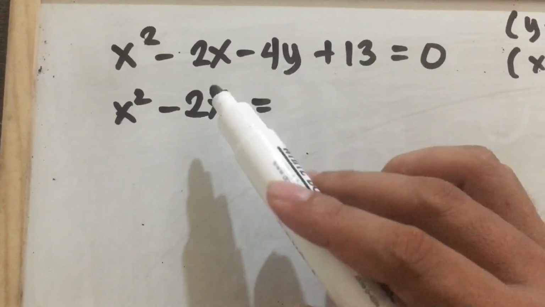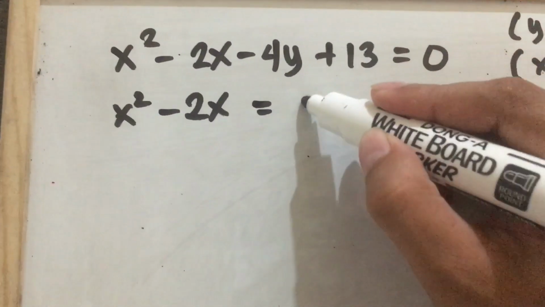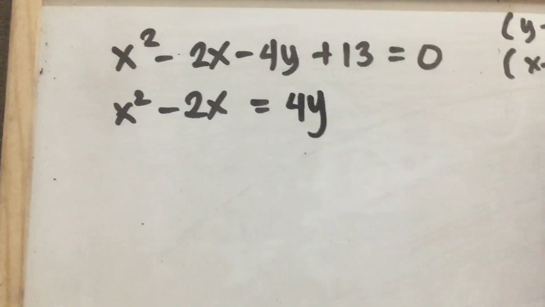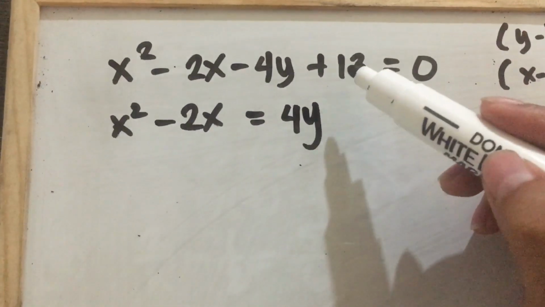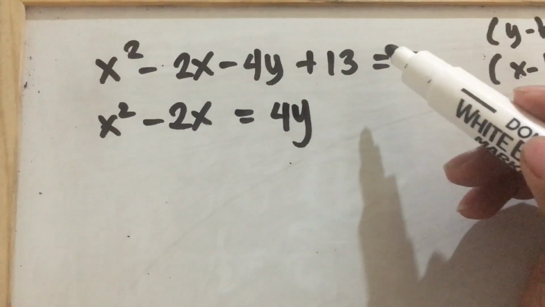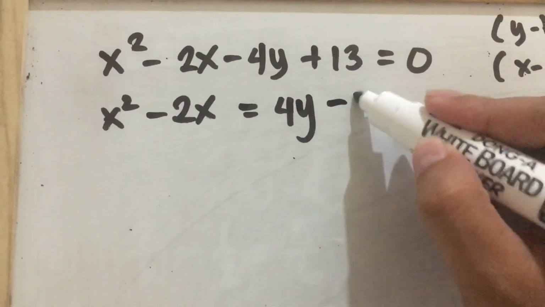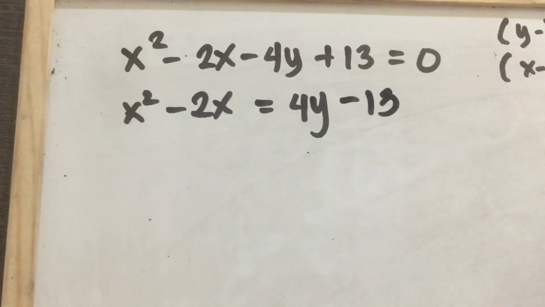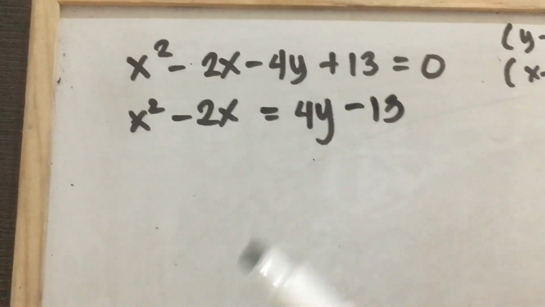So negative 4y, we transpose it to the right, it becomes positive 4y. And what will happen to positive 13? You transpose it to the right, it will become negative 13.